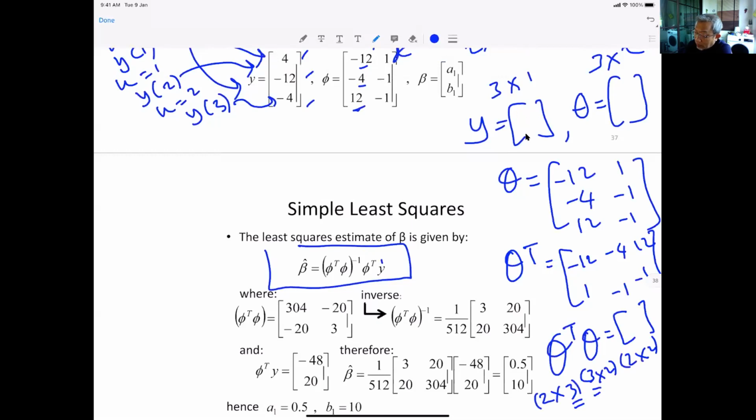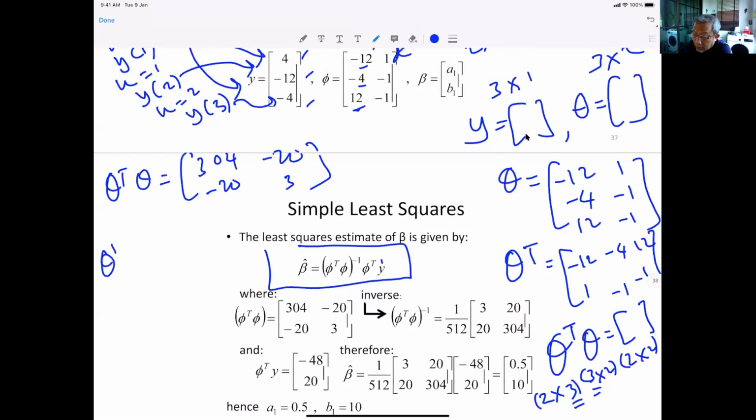Then after you get this, you do the inverse. So theta transpose theta is 304, minus 20, minus 20, 3.